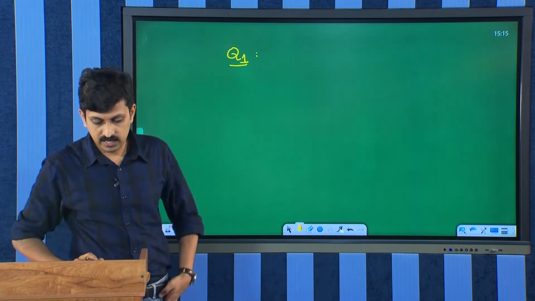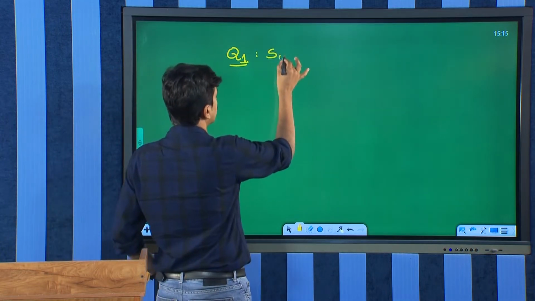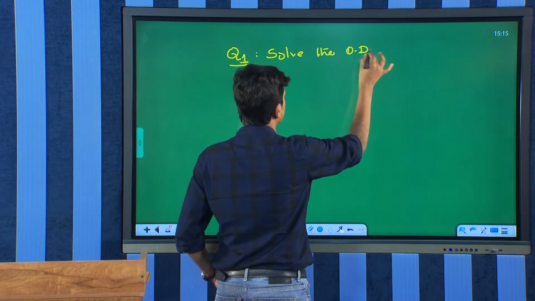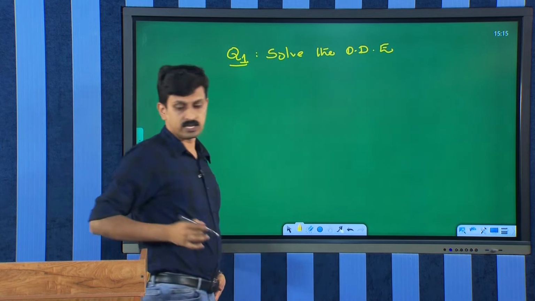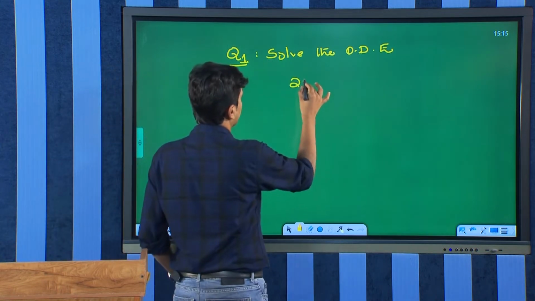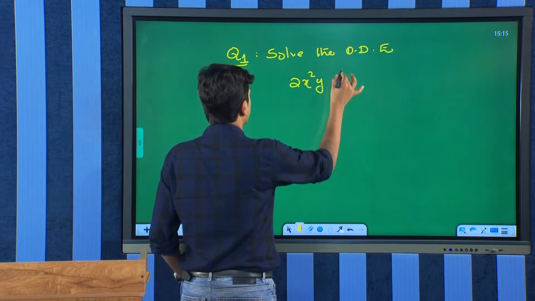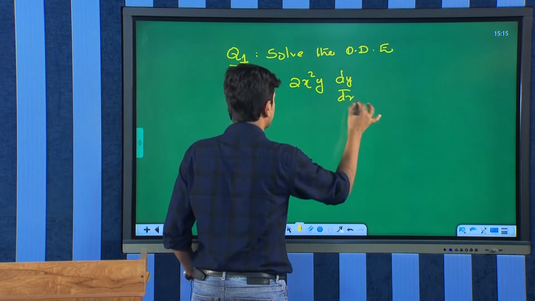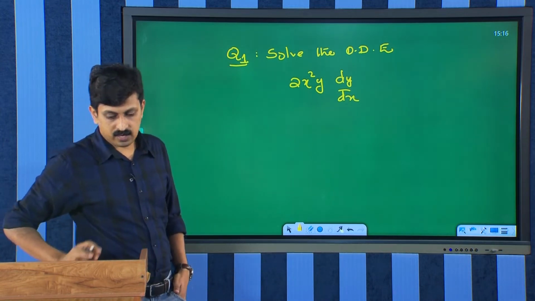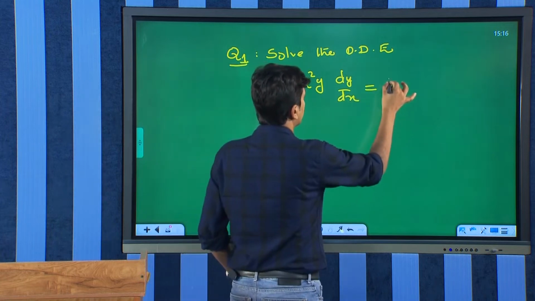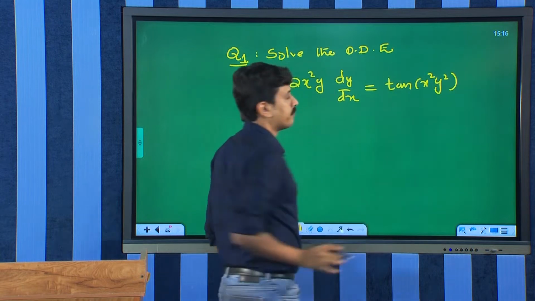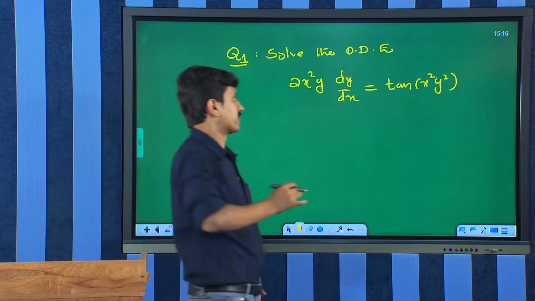Say the question: solve the ordinary differential equation 2x square y dy by dx is equal to tan of x square y square minus 2xy square.